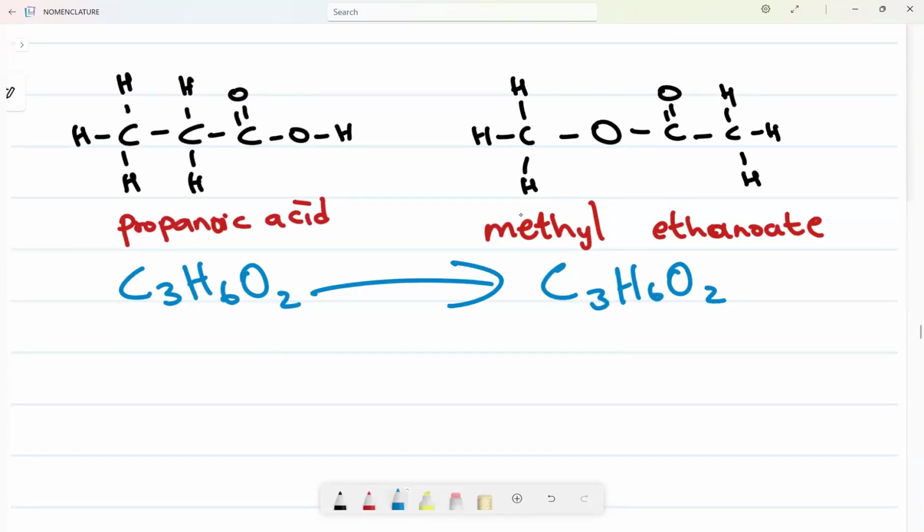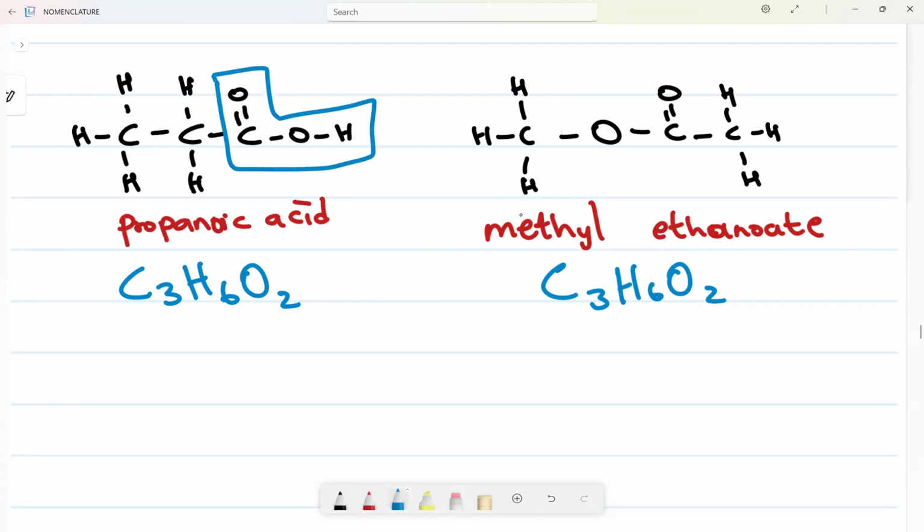So can you see, for them to qualify as isomers, they need to have the same molecular formula. Okay, but for them to qualify as functional isomers, they need to have different functional groups. The functional group here is COOH, but the functional group here is just COO, like that.